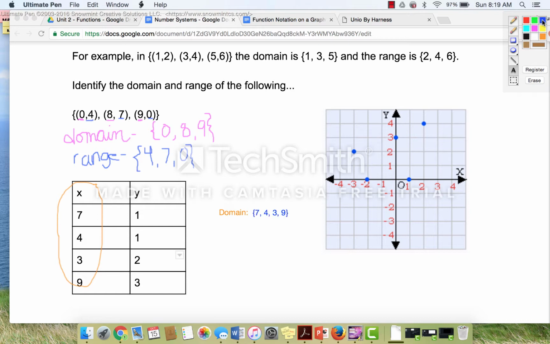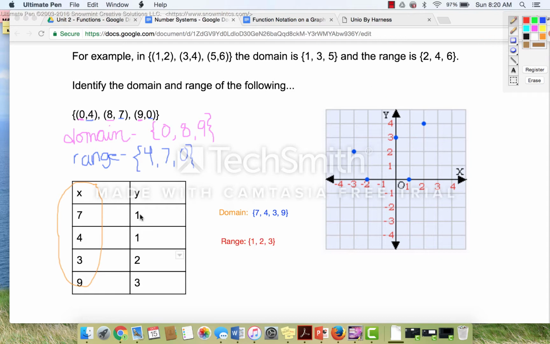And then my range is going to be all my y values over here. So I see 1. Well, I already said 1, so I don't need to say it again. 2, and 3.